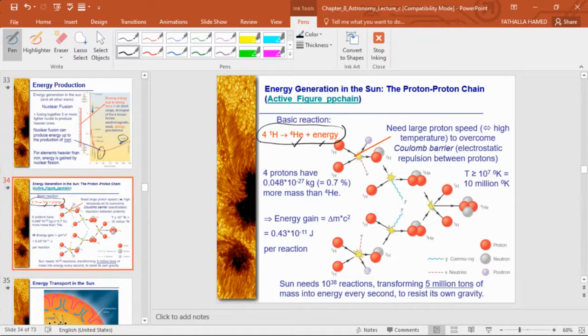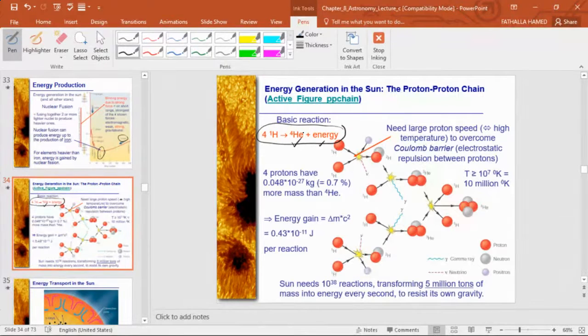Because if I multiply the mass of 1 hydrogen atom by 4, and then look at the mass of helium, and you can do that by looking at a periodic table, you'll find that the mass of helium is less than 4 times the mass of hydrogen.